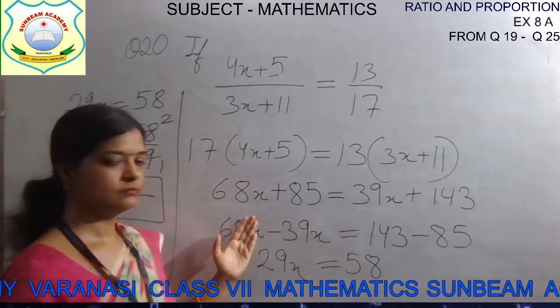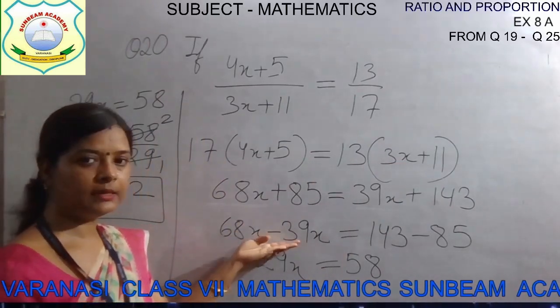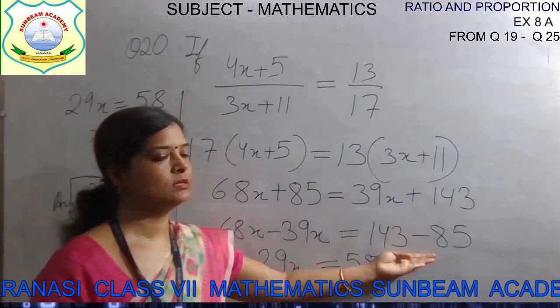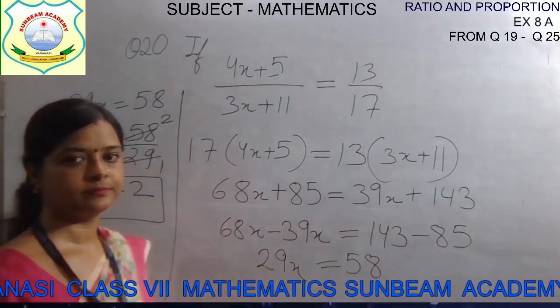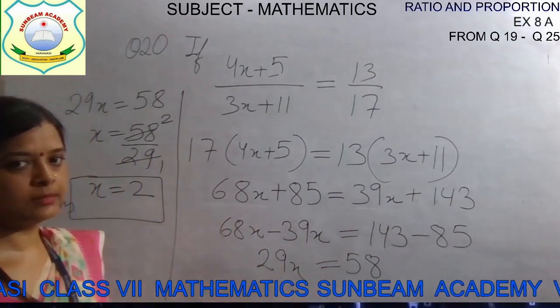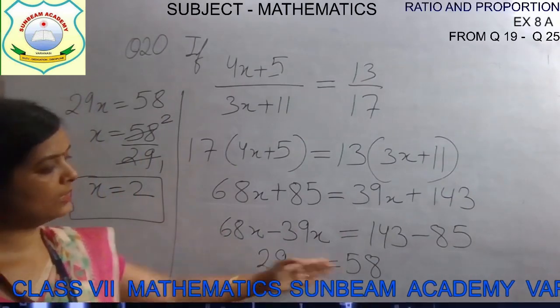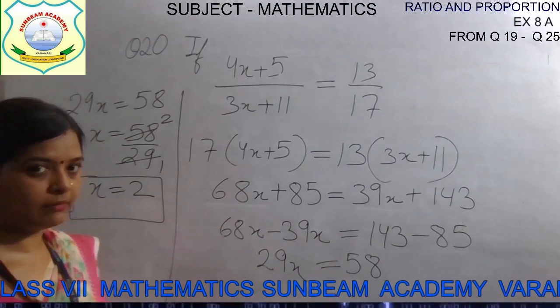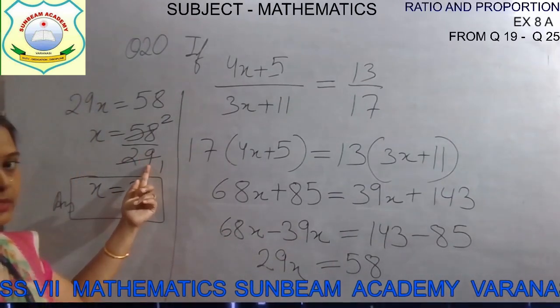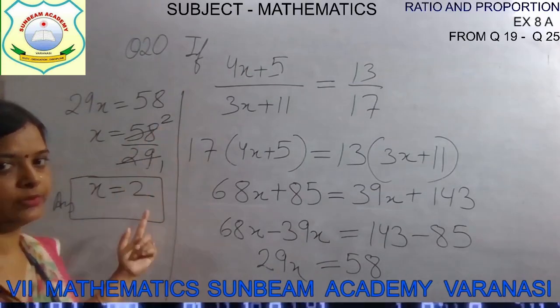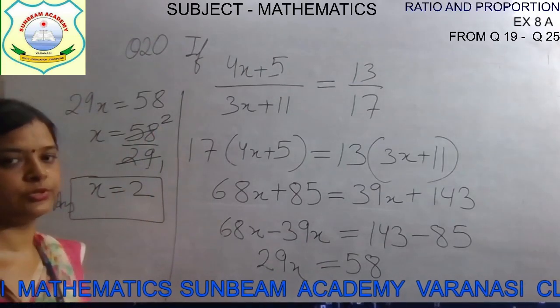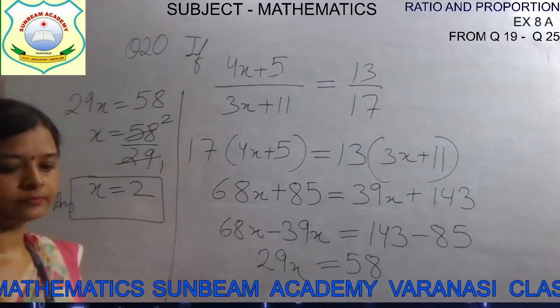And then segregating the variable term on one side and the constant term on the other side. And then after simplifying, 29 will transpose to the other side. It will be divided to that side. See? And now 29 twos are 58. This is the solution. Clear?